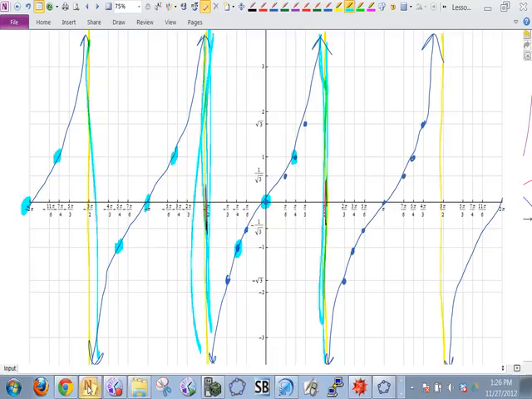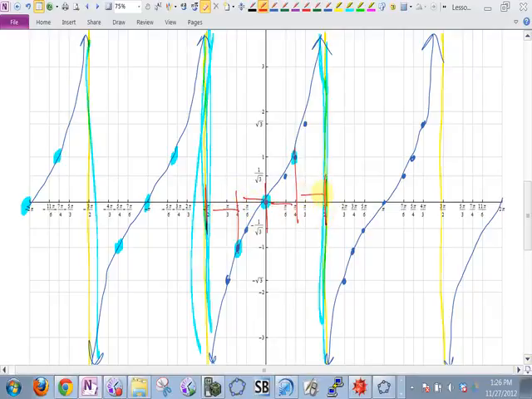Now the cool thing about this is, when we graph tangent, we break each cycle into how many equal-sized chunks? 4. Same way we graph sine and cosine, right? Didn't we take a sine cycle and break it into 4 chunks? Same thing for tangent.